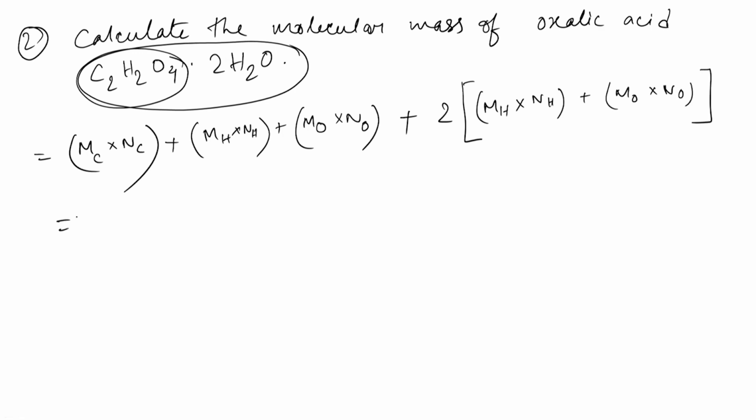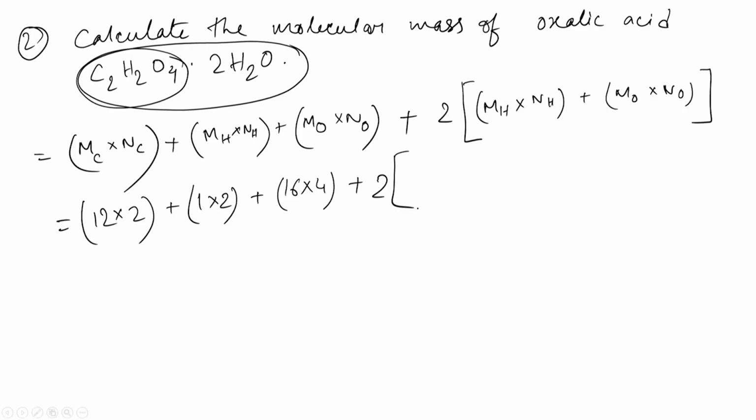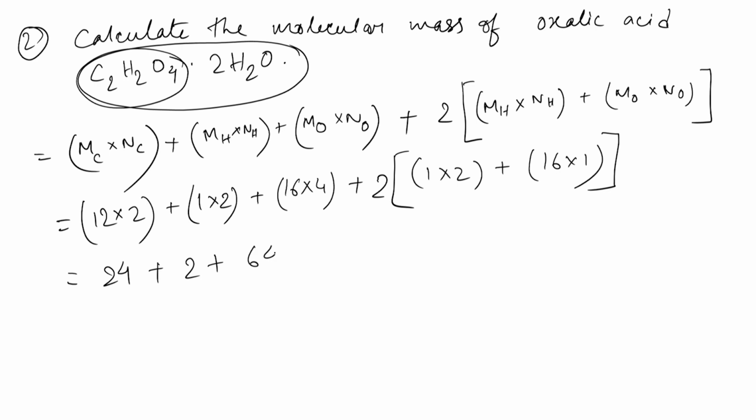Okay. So 12 into 2 plus 1 into 2 plus 16 into 4 plus 2 into 1 into 2 plus 16 into 1. Okay. So this comes as 24 plus 2 plus 64 plus 2 into 18.